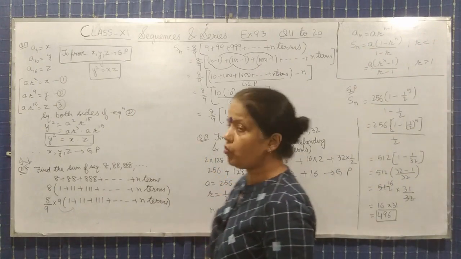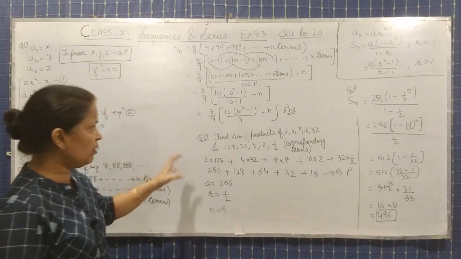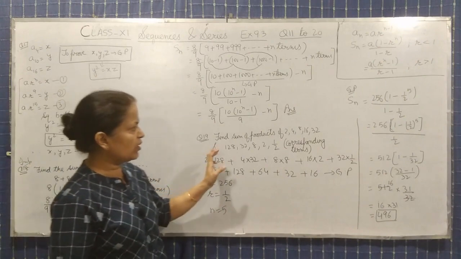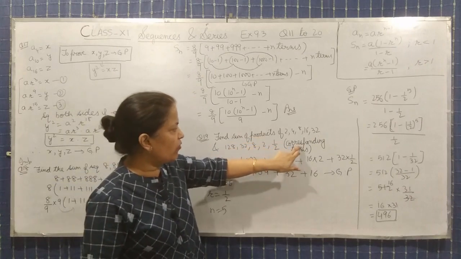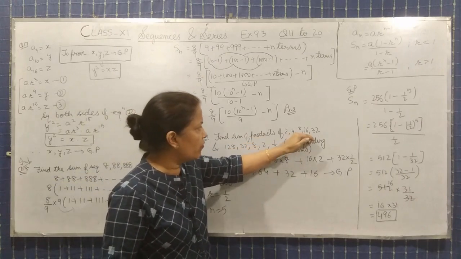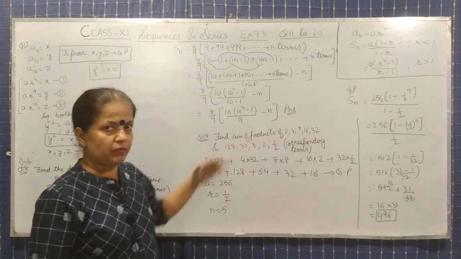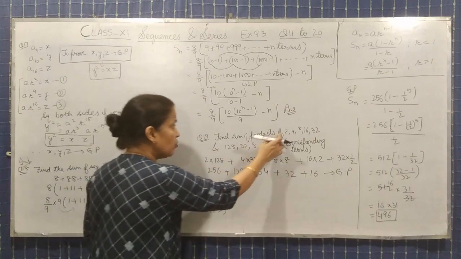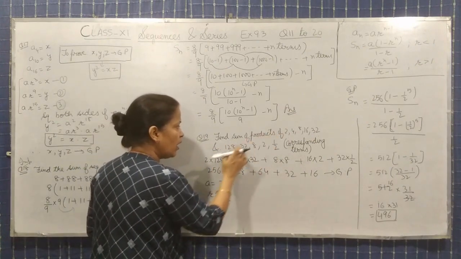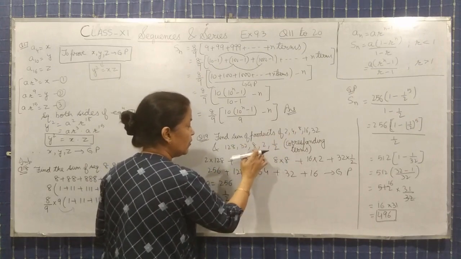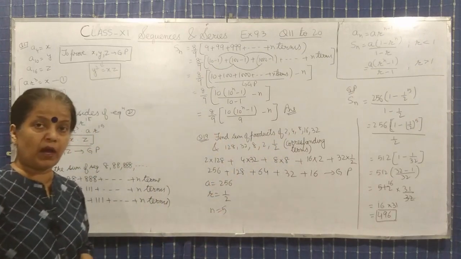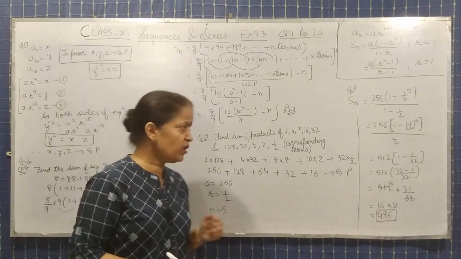Okay. Come to question 19. In the 19th question, it is mentioned, find the sum of the product of corresponding terms of this and this. What it means is that after taking the product of corresponding terms, you have to find out its sum.